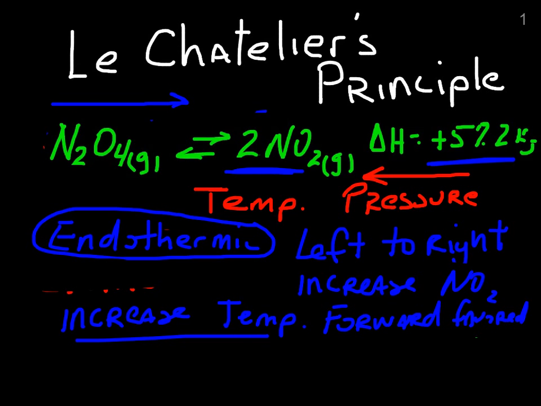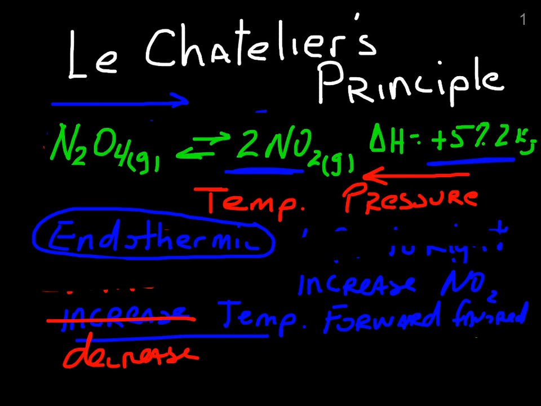Now the opposite thing is going to happen if I decrease temperature. That's the nice thing about equilibriums. If I go the other way, if I decrease temp, then it's no longer shift to the right, it's all going to shift to the left.